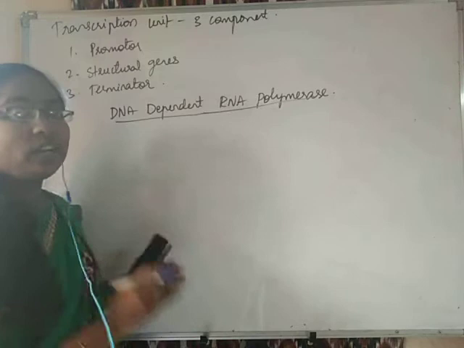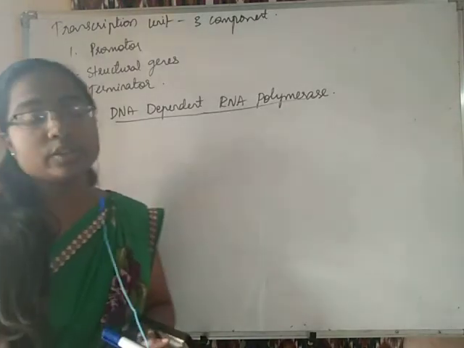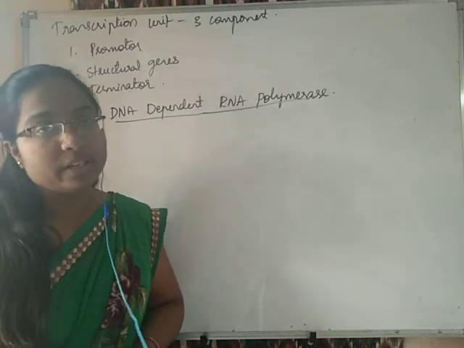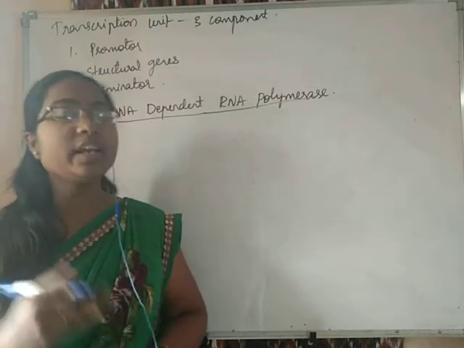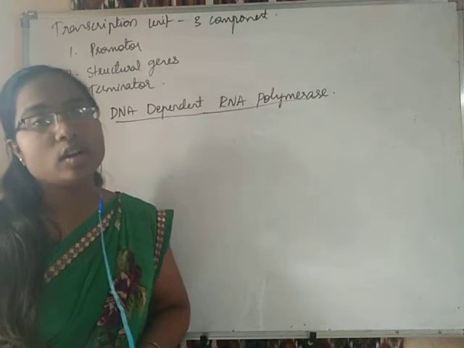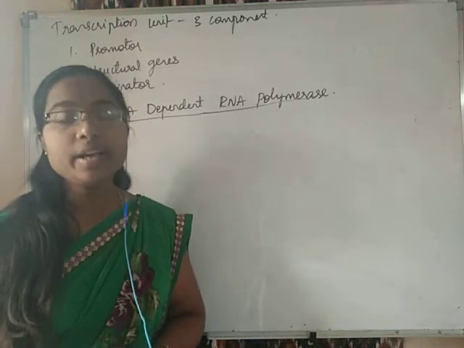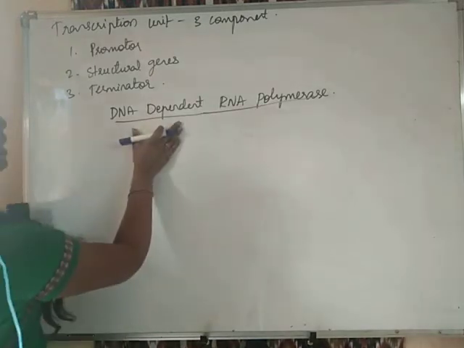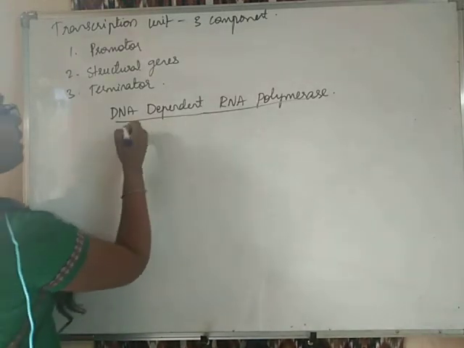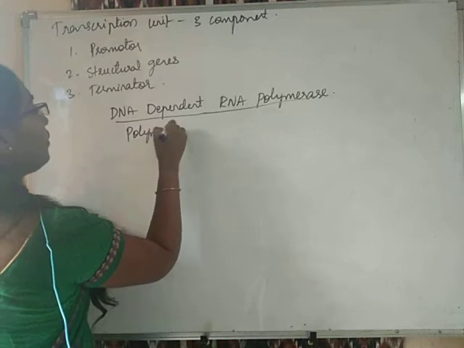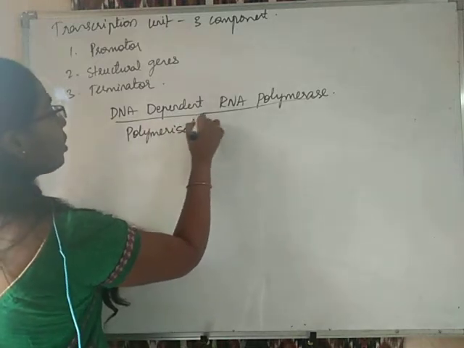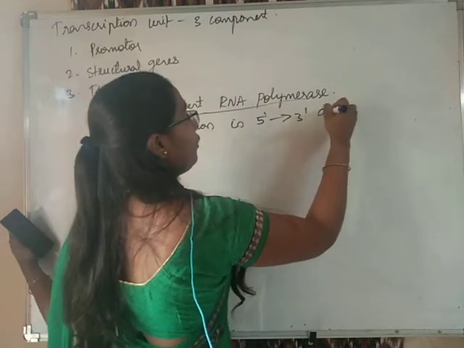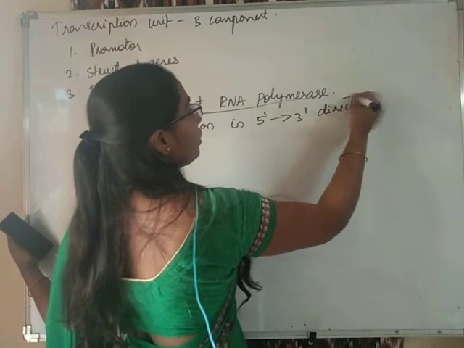That means by utilizing DNA it is producing RNA, that is why it is named DNA dependent RNA polymerase. This enzyme will undergo polymerization in the 5 to 3 direction.